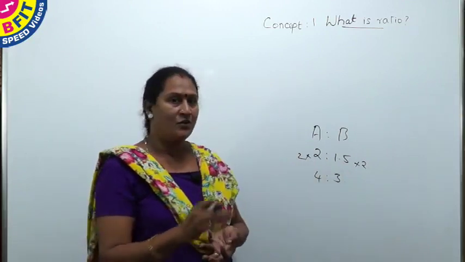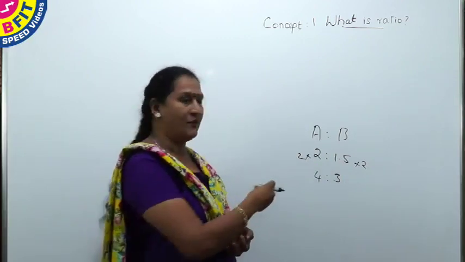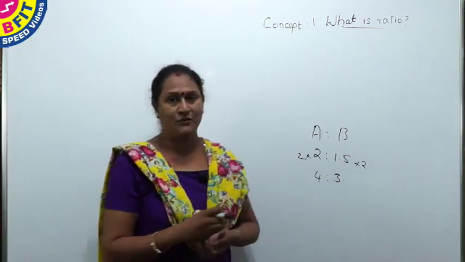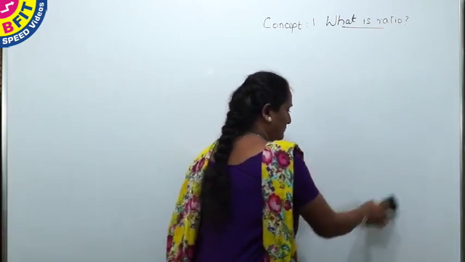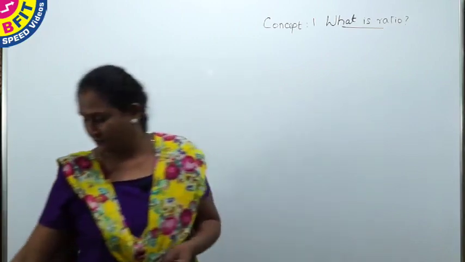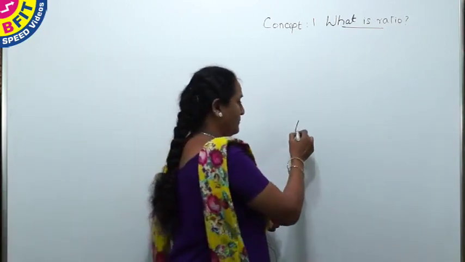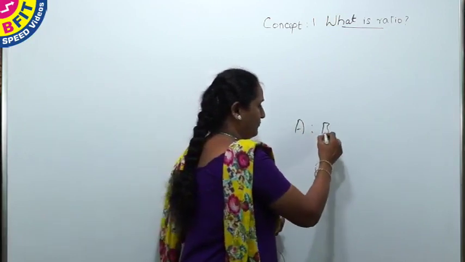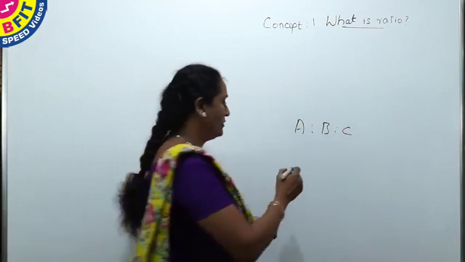So working with ratios is very simple, and we'll see how to work out a given question using these ratios. Say 3 persons, A, B and C, share an amount.